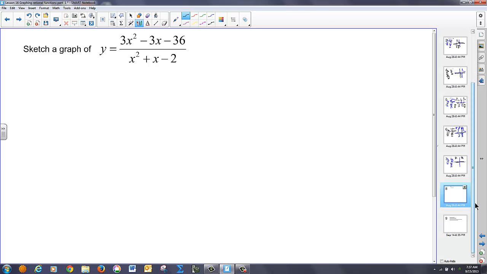All right, last example. This has got some factoring involved in it. We're going to pull out a 3 from the numerator. You get an x squared minus x minus 12. And then on the bottom, we've got an x plus 2 and an x minus 1.